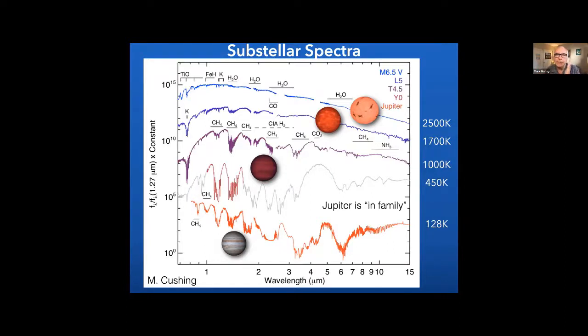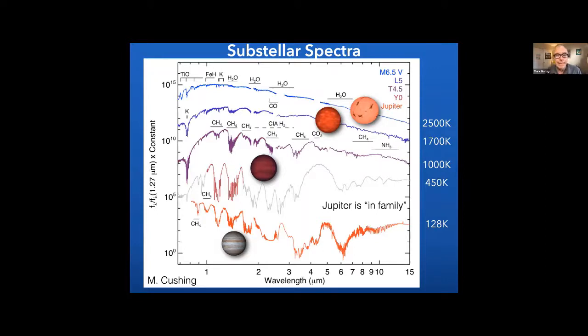And you can see that as you go to cooler and cooler temperatures, the molecular absorption bands get deeper. What starts out as CO for the M dwarf transitions down to methane for the T dwarf. And at 10 microns, we start to pick up ammonia and the methane fundamental. And so we're seeing all of these molecular features.